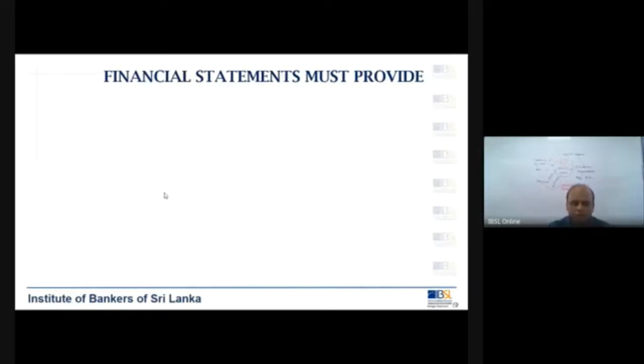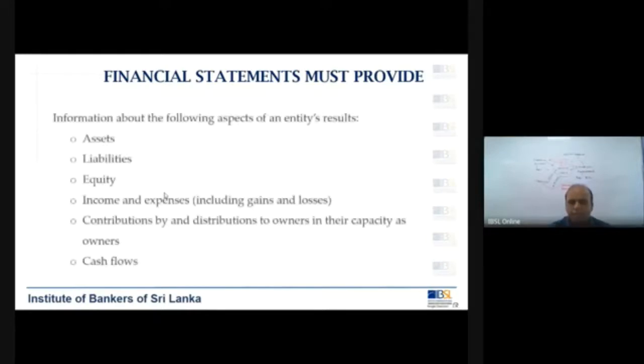Now let's look at what a financial statement must provide. As I told you, the fundamental information: how much of assets you have, what are your liabilities, what are your equity components, what are the income and expense items in your performance statement, then how much capital has been introduced by your owners and what you have paid to the owners, and of course the cash flows.